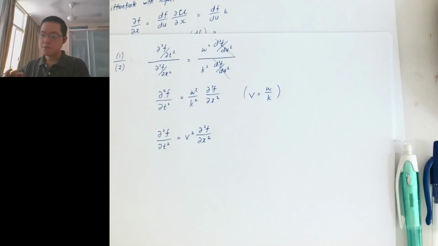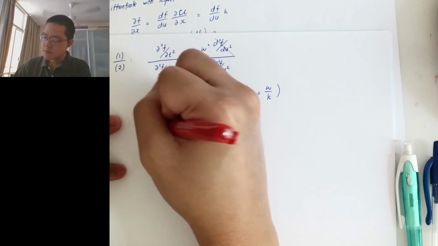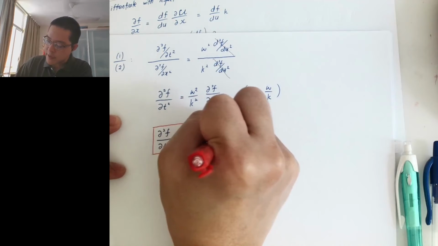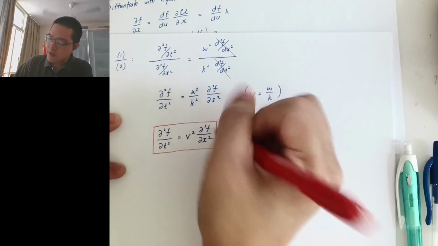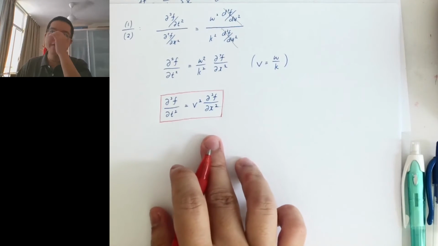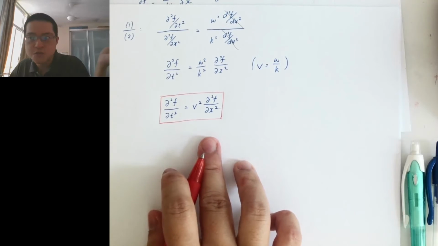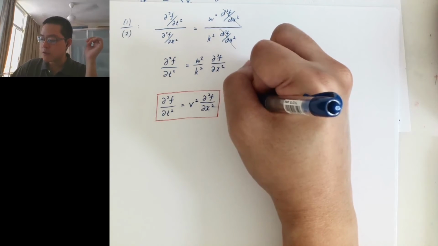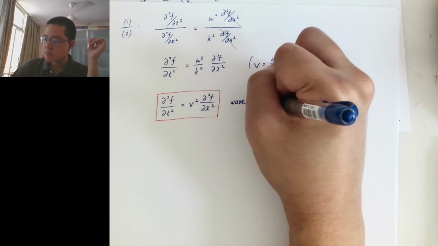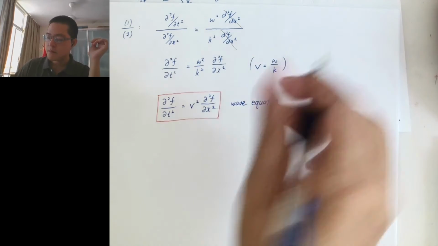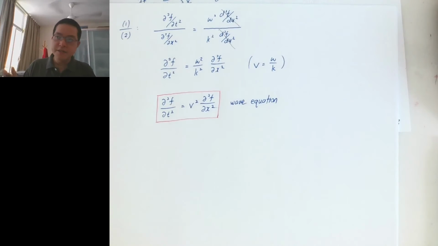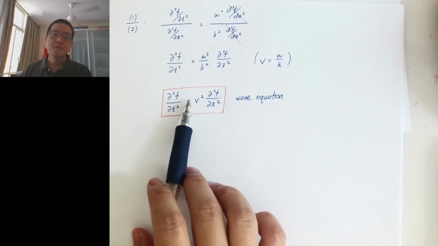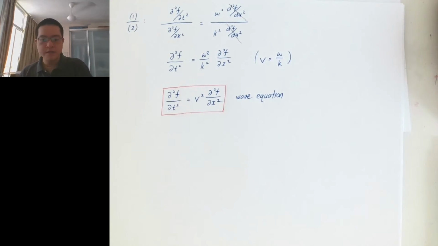Again, if you don't follow, never mind, because this is for those who have not taken calculus 2 yet and are not very used to partial derivatives. But what I want to show you is the wave equation. All the wave functions satisfy this differential equation. That is what we actually want.